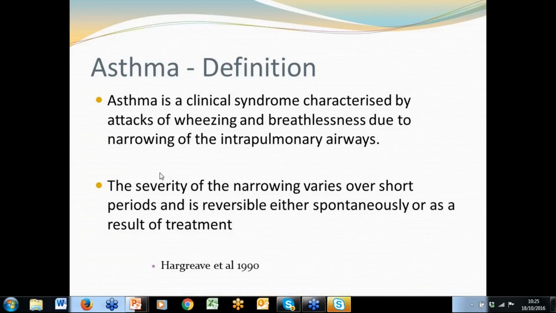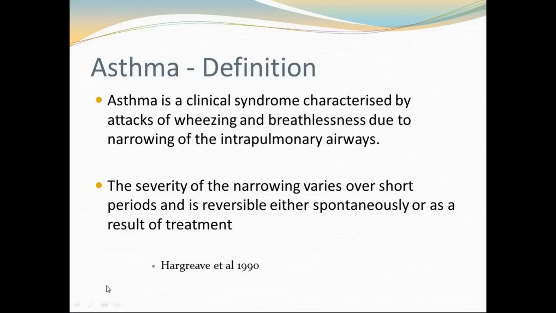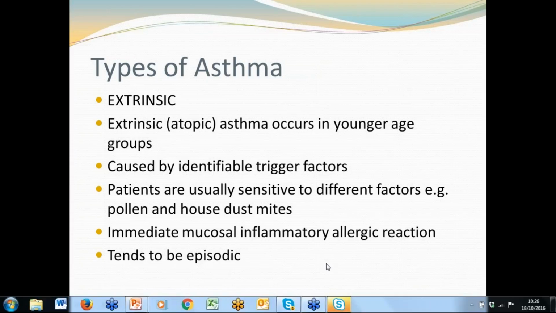Asthma is characterised by attacks of wheezing and breathlessness due to narrowing of the intrapulmonary airways, in other words, the airways. Narrowing varies over short periods, and it can be reversible, spontaneously or as a result of treatment. Asthma is something that young children get with eczema and that kind of thing, and sometimes they grow out of it and sometimes they don't.